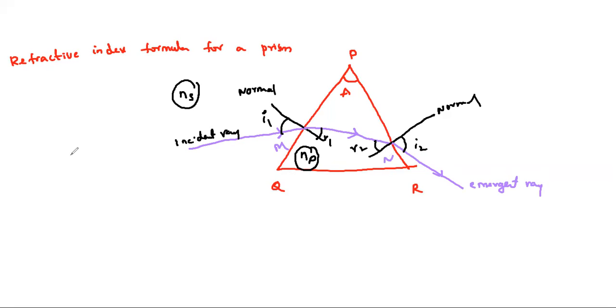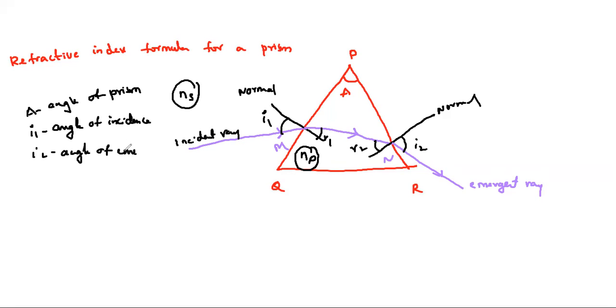So the terminology included here: A is called angle of prism, and I1 is called angle of incidence, I2 is called angle of emergent.